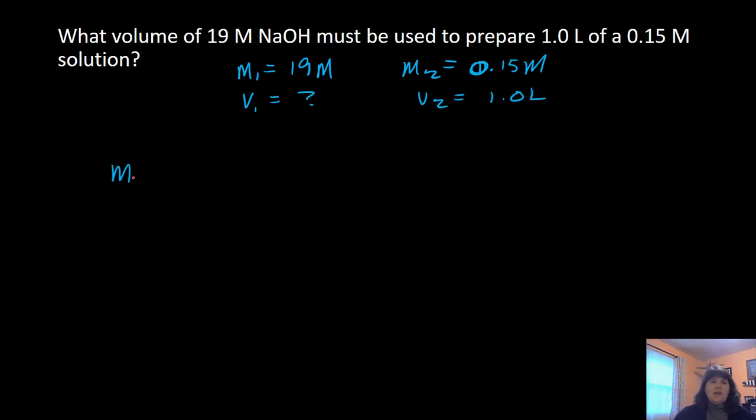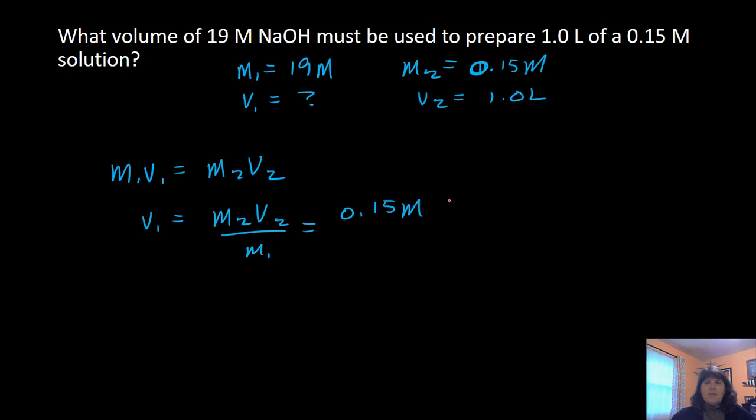So let's write our equation, M1V1 equals M2V2, solving for V1. So then we end up with 0.15 times 1 liter divided by 19 molar solution.